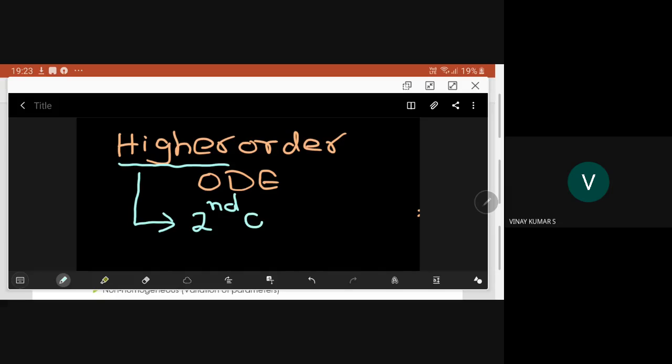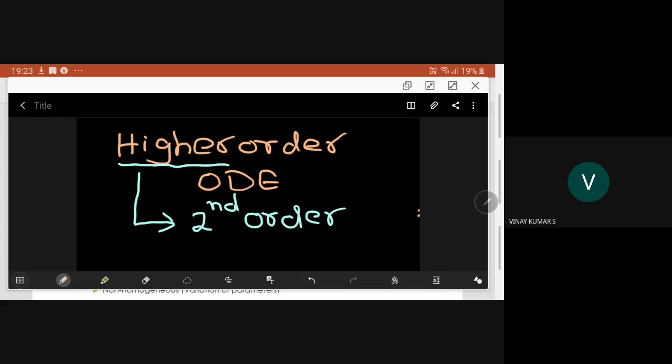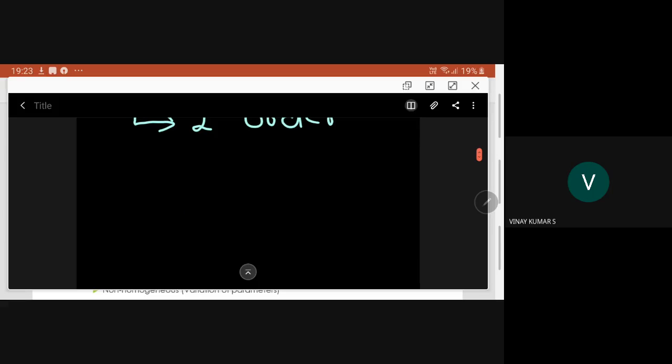That is why we are focusing on this one. And that too, we are very particular that all the questions are linear ones. Higher order linear ODE. This is only linear. So some examples we will see of what we mean by higher order linear ODE.